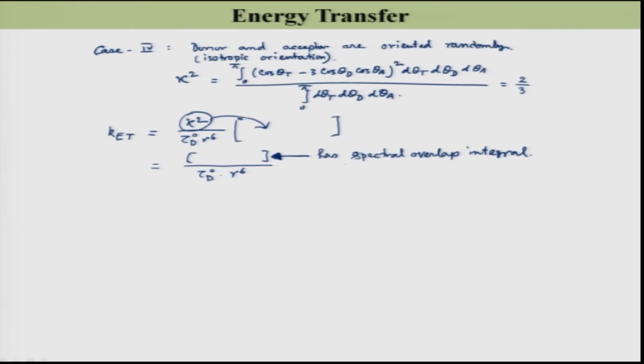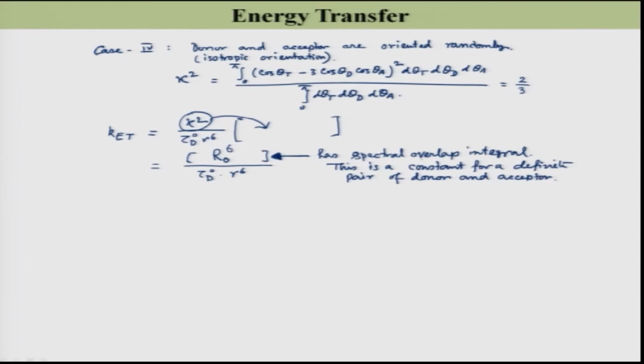It means this is a constant for a definite pair of donor and acceptor, and that constant is written as capital R 0 to the power 6. That I can do as per my desire, right. It is written capital R 0 to the power 6.